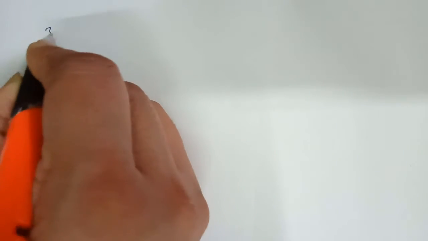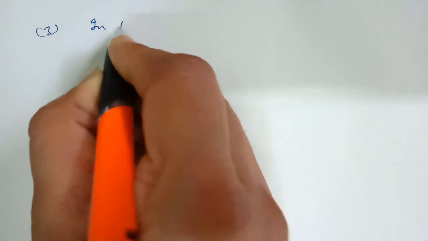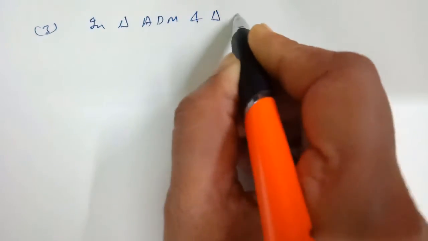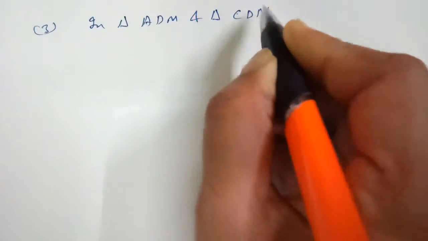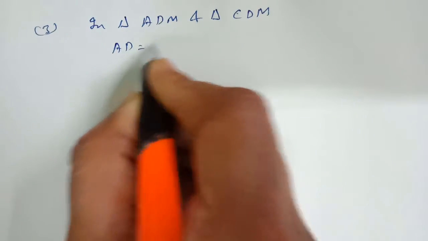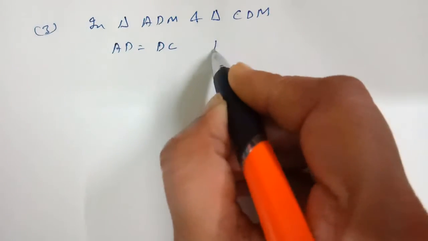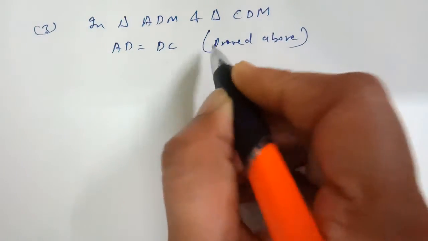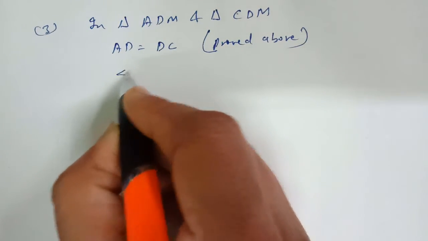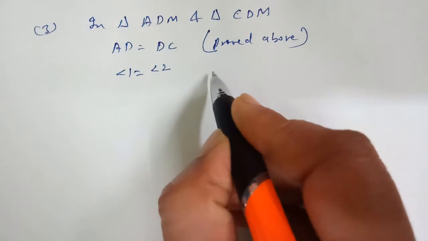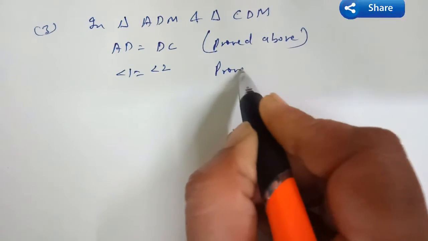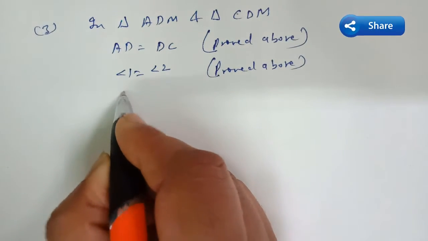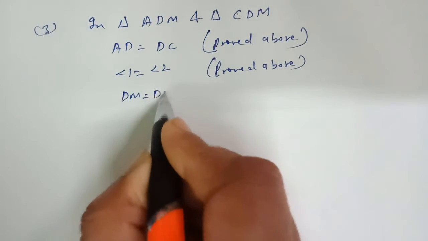So for the third part, in triangle ADM and triangle CDM, AD is equal to DC, proved above. Number second, angle 1 is equal to angle 2. It is also proved above because we have proved angle 1 is 90 degrees. And DM is equal to DM.